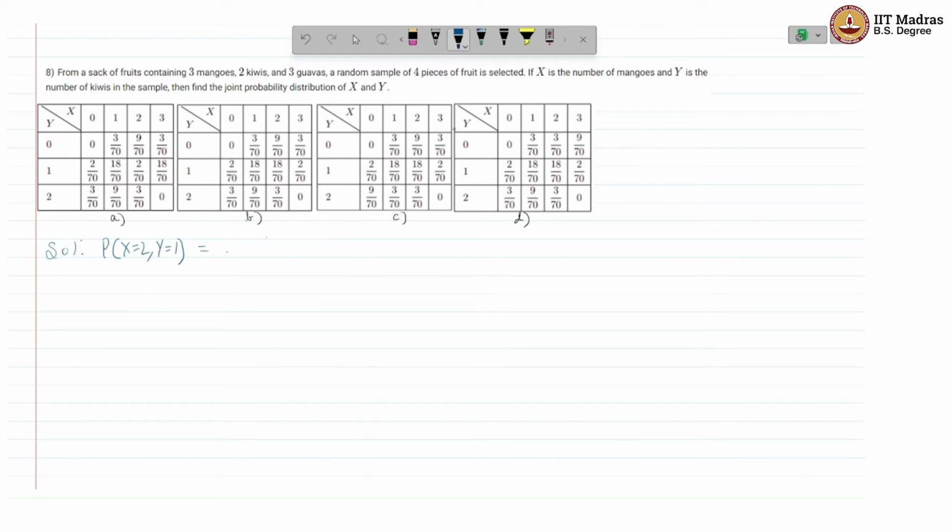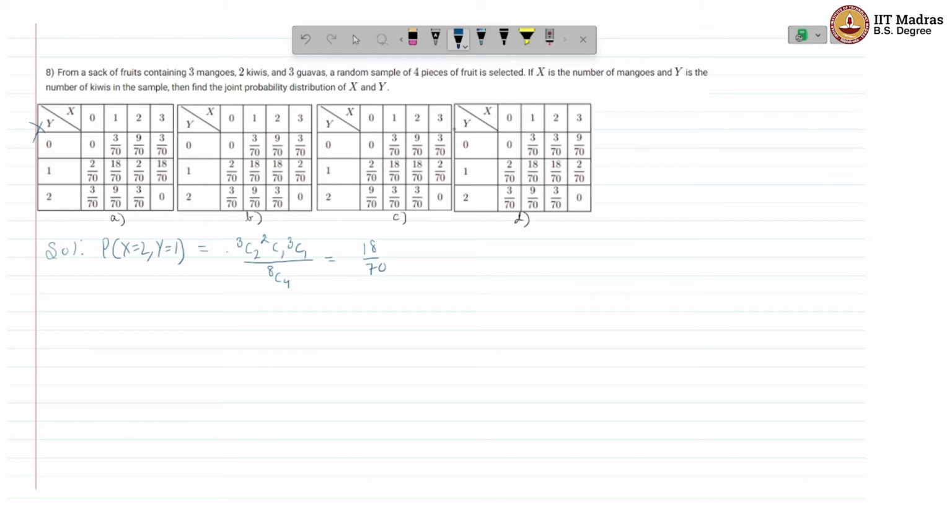As the experiment of drawing 4 pieces of fruit from a sack of fruits containing 3 mangoes, 2 kiwis and 3 guavas follows hypergeometric distribution, the probability will be 3C2, 2C1, 3C1 divided by 8C4, and the value comes out to be 18 by 70. And in table A, a different value is given. So let us eliminate table A.